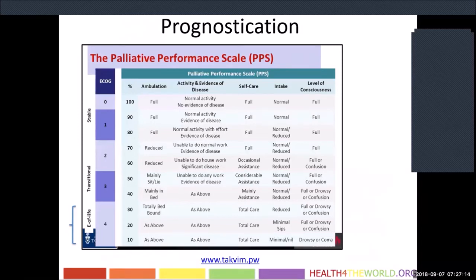If you have a Palliative Performance Scale of 30, where you are totally bedbound, total care, not eating or drinking very well, and you're fully confused or drowsy, then you have a 60 to 80% probability of passing away in about 6 months, if that makes sense.